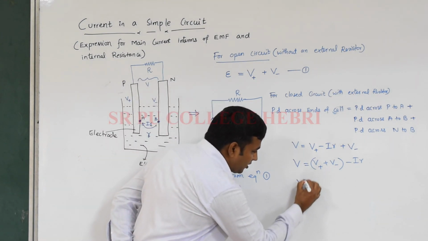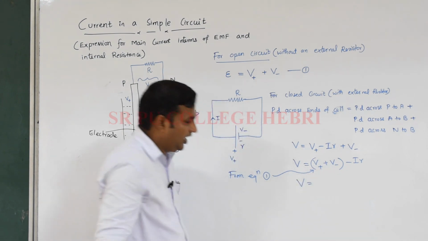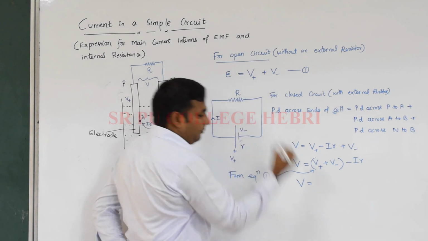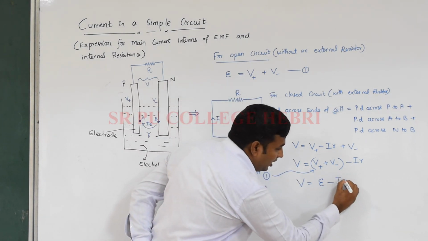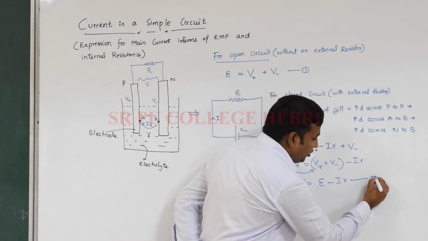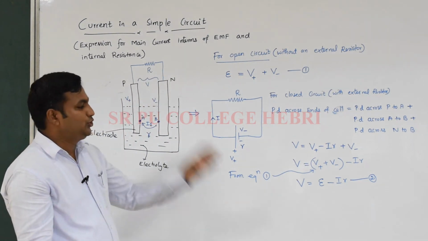Therefore, by substituting here, we get V is equal to EMF minus I into r. I call this equation number 2. Dear student, remember this, it is called equation number 2.